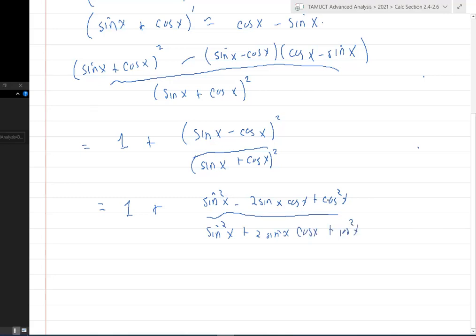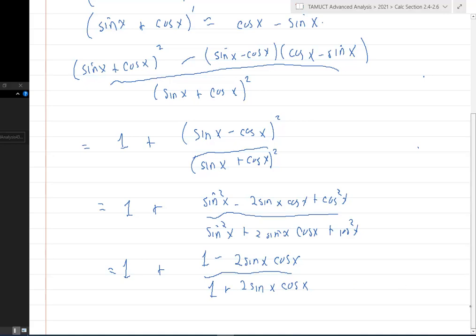Now you can recognize that sine squared plus cos squared, right? So this becomes 1 over, these two combine to a 1. 1 minus 2 sine x cos x over 1 plus 2 sine x cos x. All right.